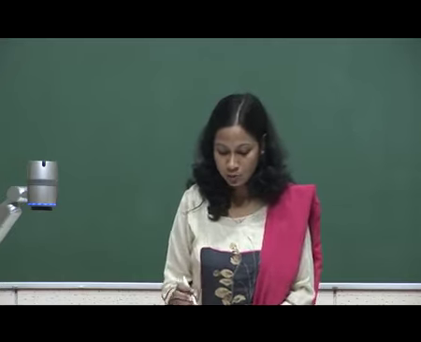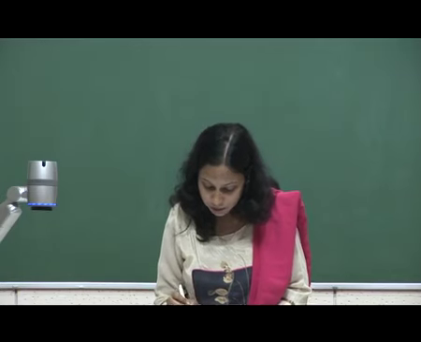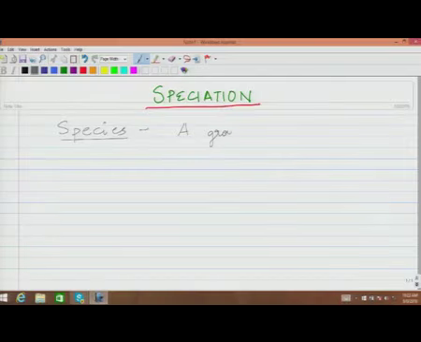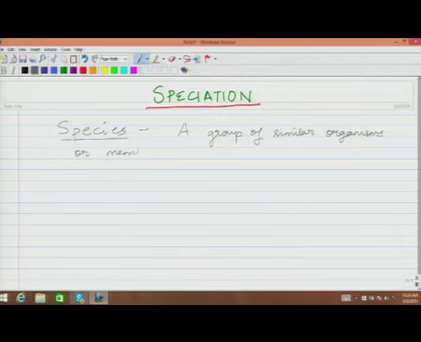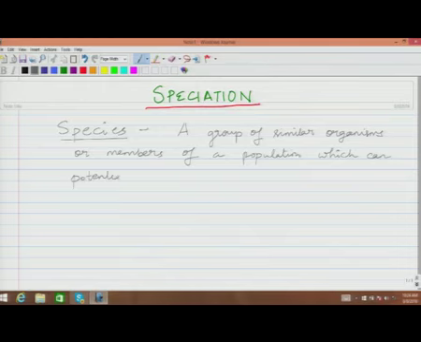So, we can define a species as a group of similar organisms or members of a population which can potentially interbreed in nature.